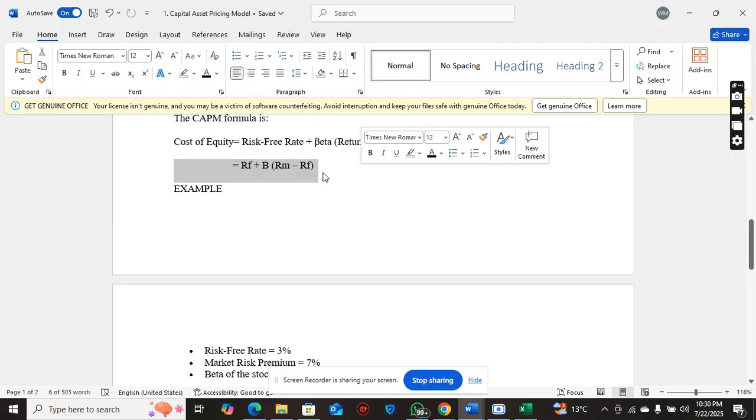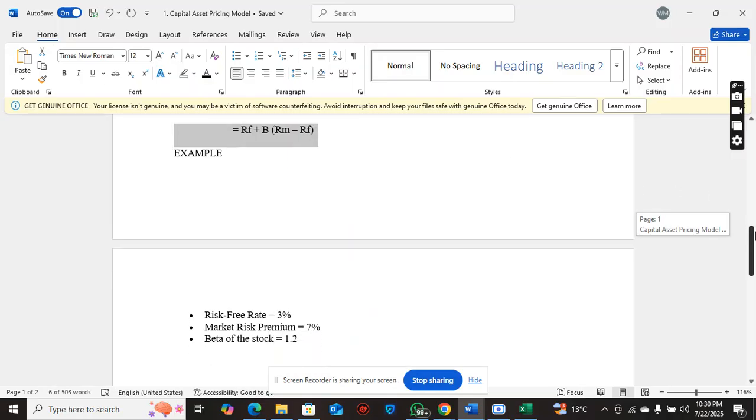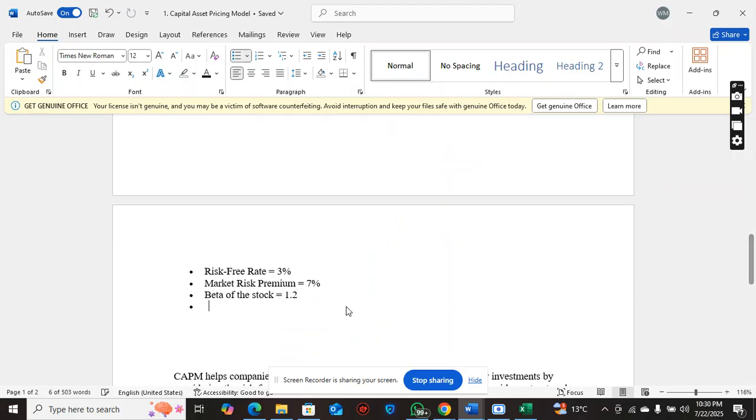So we use a formula here. Cost of equity: our risk-free rate is 3%.